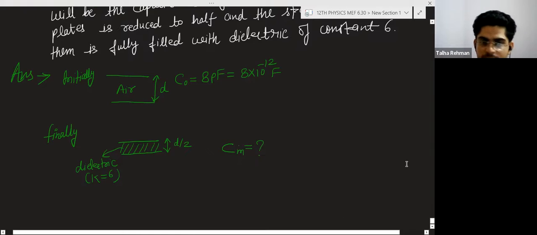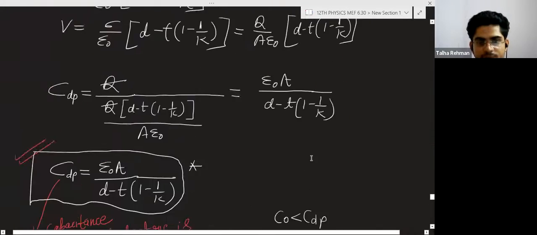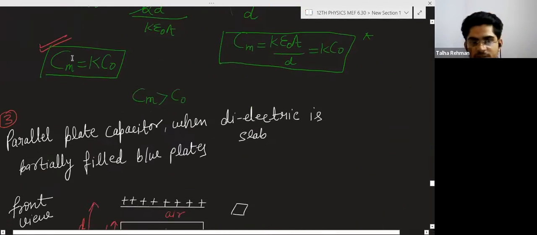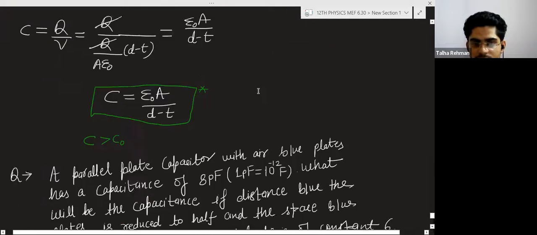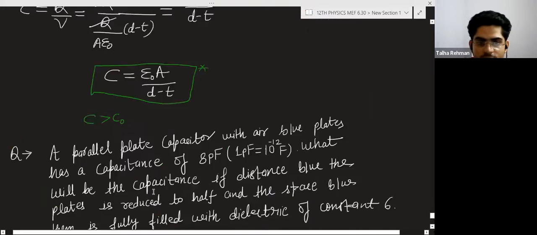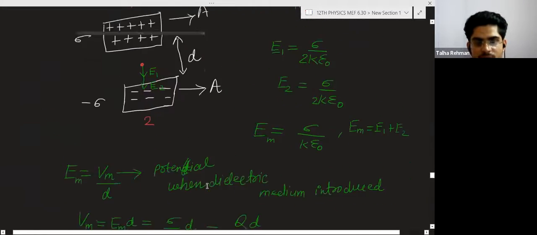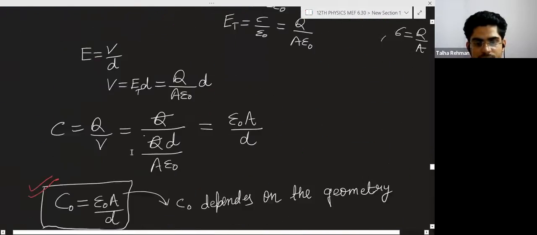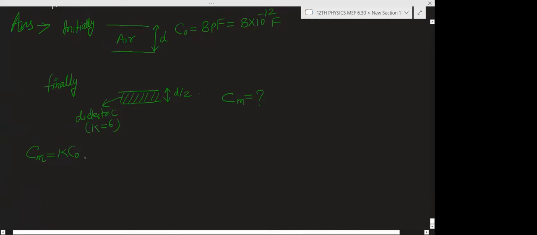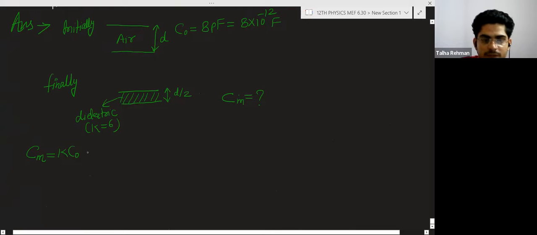And Hamza, we have one formula. Look here. But you should relate that formula. Cm is equal to K times C naught. We know Cm is equal to K times C naught, and we know the value of C naught also: epsilon naught A by D. This is our relation.